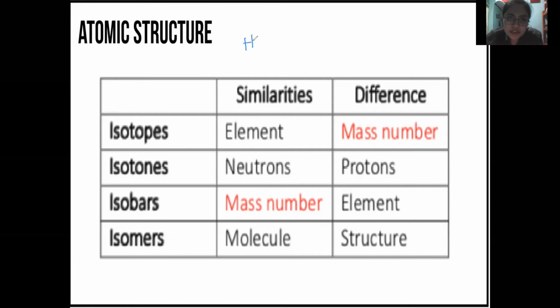Meron kasi tayong hydrogen na ganito. We call it protium. Meron din tayong hydrogen na ganito. We call it deuterium. And the last one, you have hydrogen na 1 and then 3. So, we call this tritium.